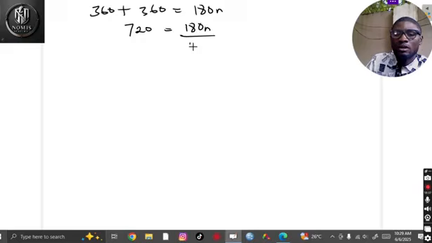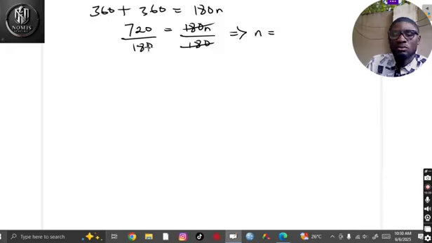Divide both sides by 180. 180 cancels 180, we are left with n. So the value of n is 720 divided by 180, which is 4. So the number of sides of the polygon is 4.